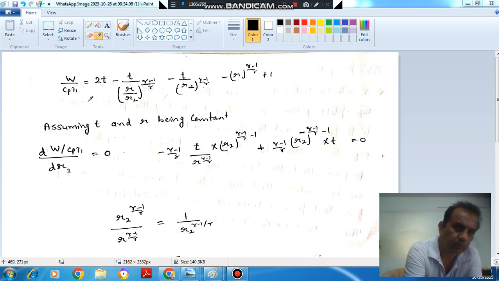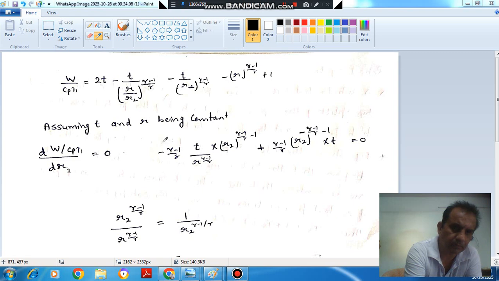Okay. Suppose T is constant and the overall pressure ratio is also constant. Now the only variable will be R2. So if we differentiate it with respect to R2, then we can get the condition for maximum work done by putting it equal to 0. So this will be 0.